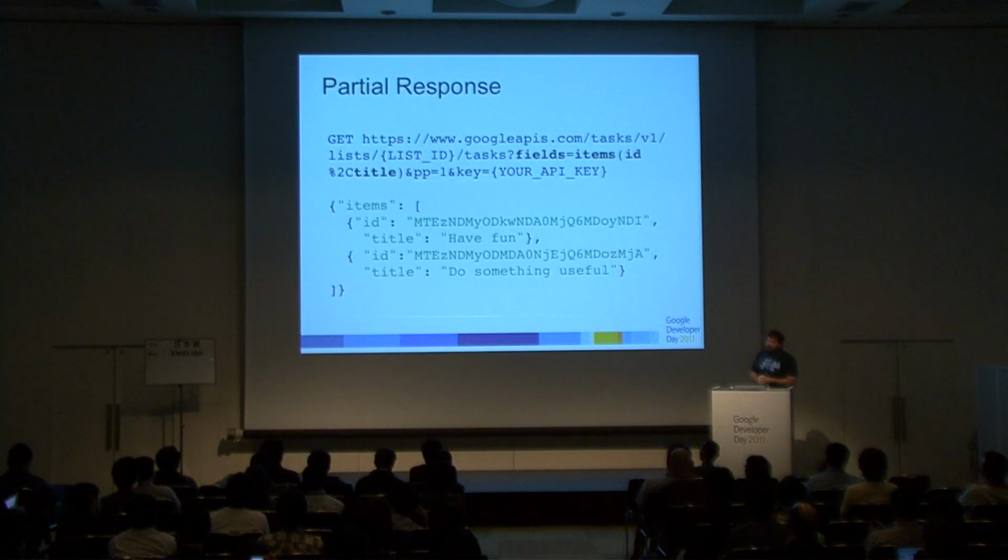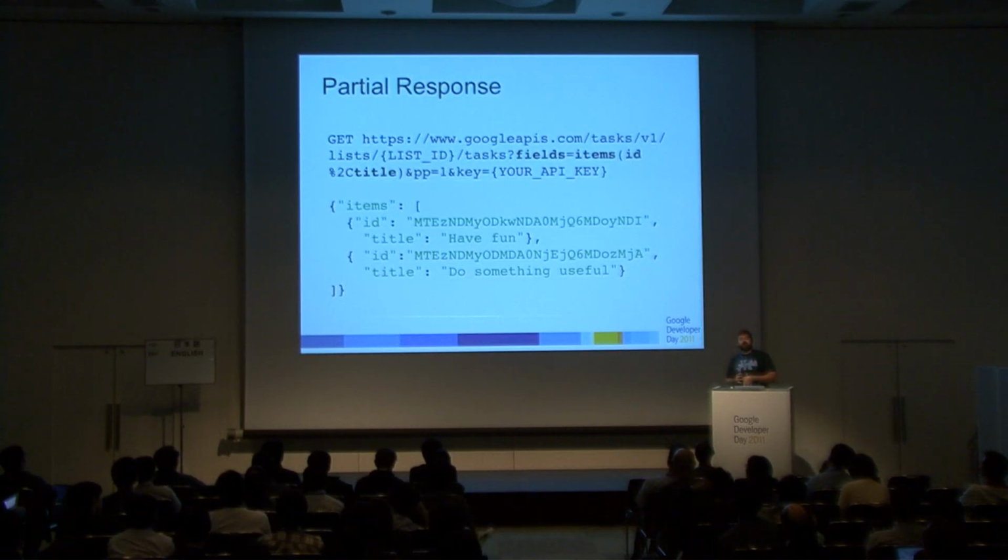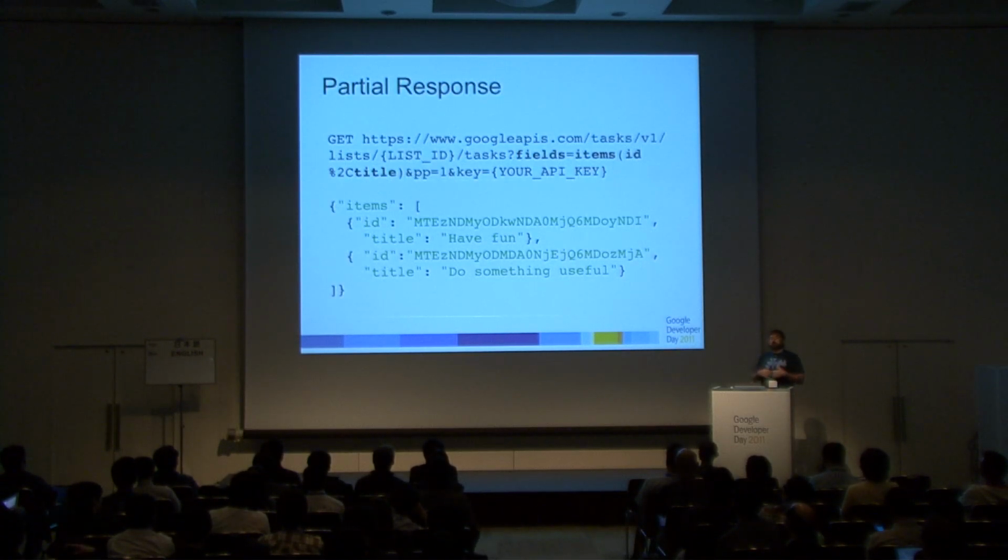So one feature I want to talk about, which is pretty useful, it's a little bit of an advanced feature, but something that's really important, particularly for people that are building mobile applications or where they want to use these APIs in a browser, and the user may not have a lot of bandwidth. It's a feature called partial response that allows you to tell the server which attributes you want it to return back.